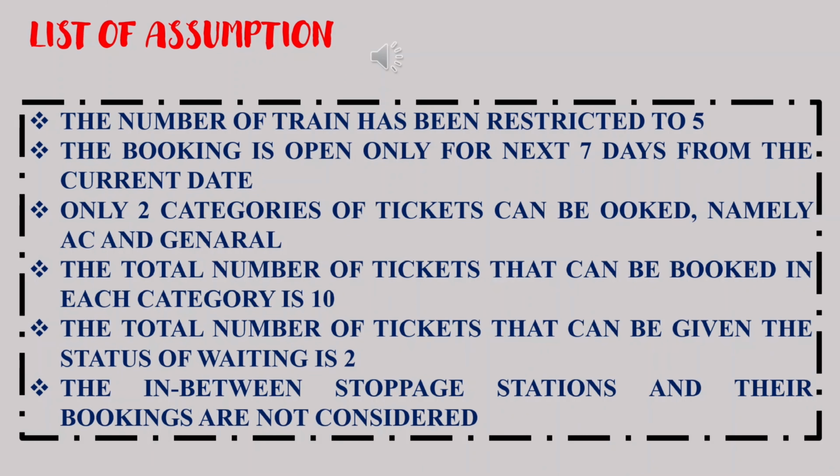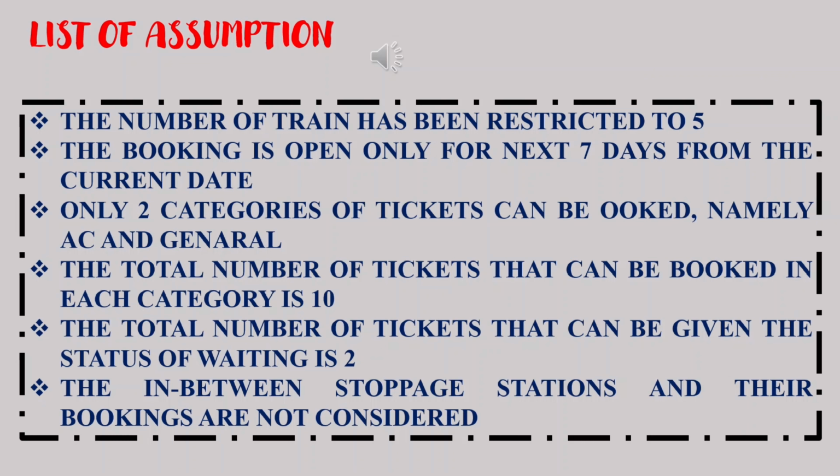Next, to implement this case study, there are some assertions that can be made. For example, the first one: the number of trains is restricted to 5. Next, booking is open only for the next 7 days from the current date. Thirdly, only 2 categories of tickets can be booked, named AC and General.